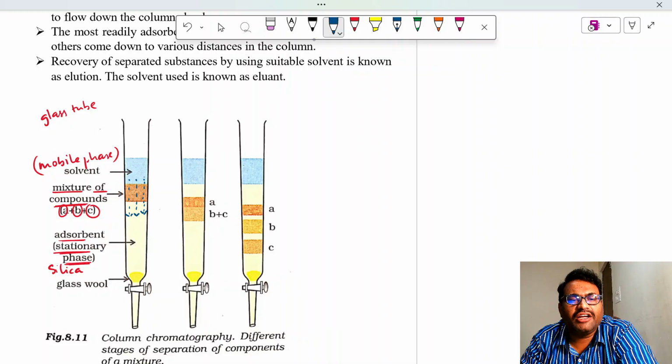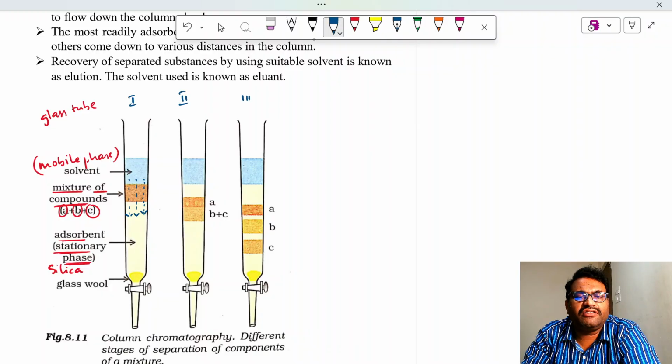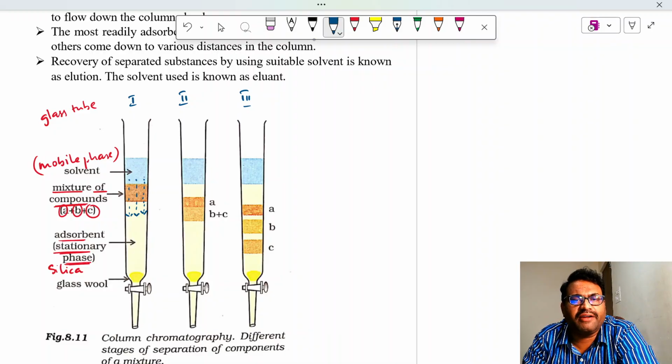Along with the solvent, these components also move over the stationary phase. In the first diagram, all the components A, B, C are mixed.